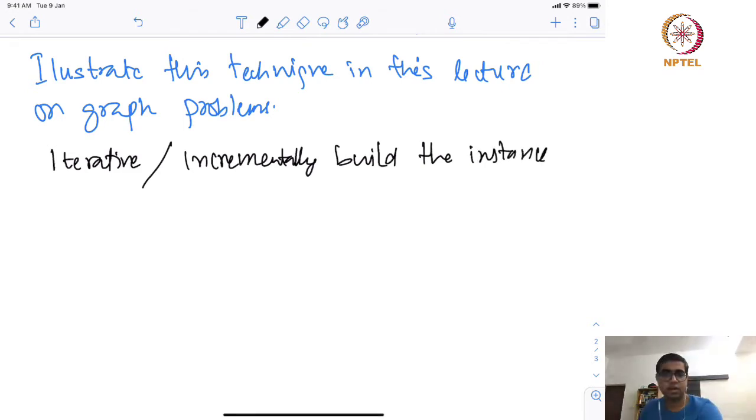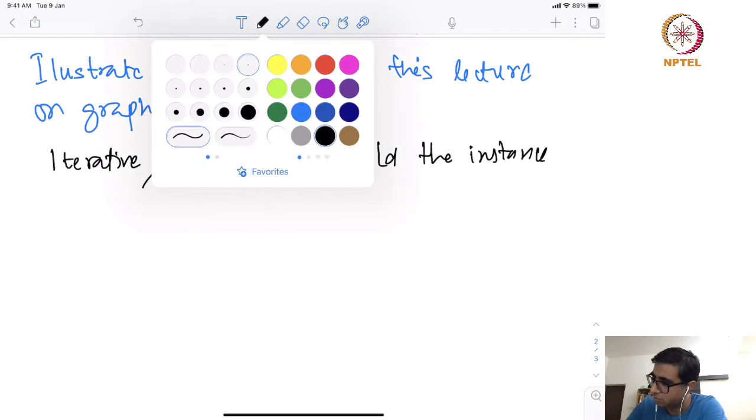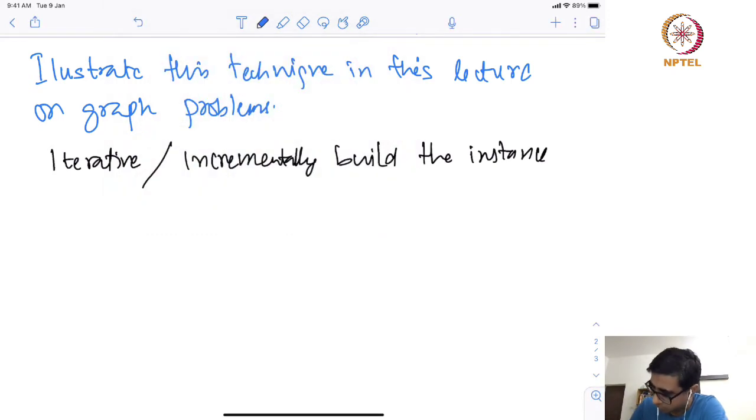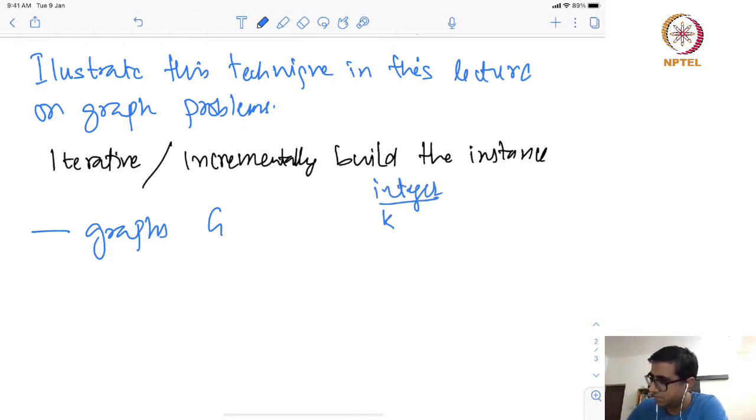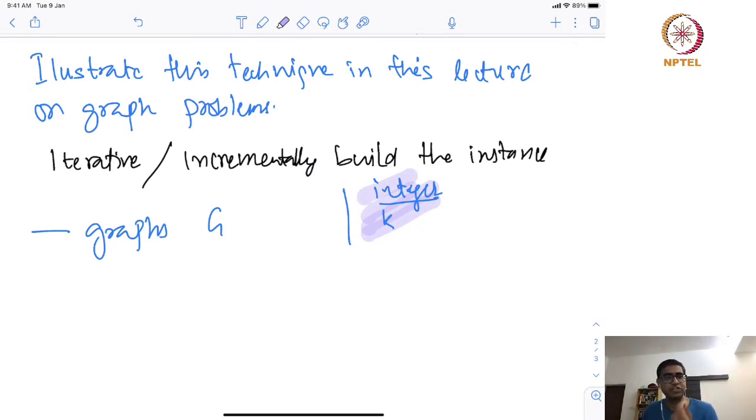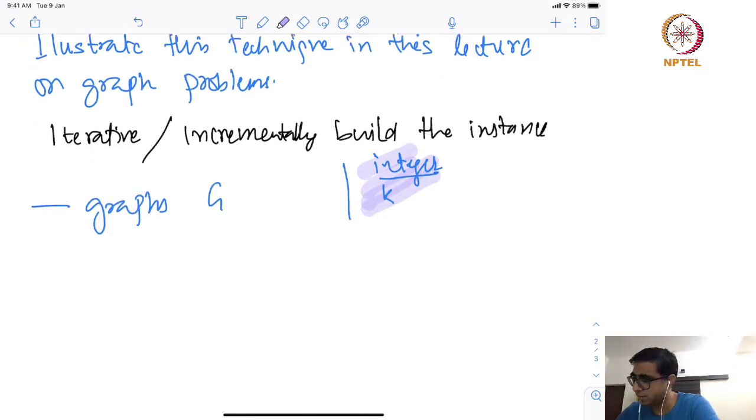An instance of a graph problem is, of course, a graph G, and if there is a parameter, an integer k. But for now, let's not focus on that, but see how we could build the graph G incrementally, or iteratively. Very simple.